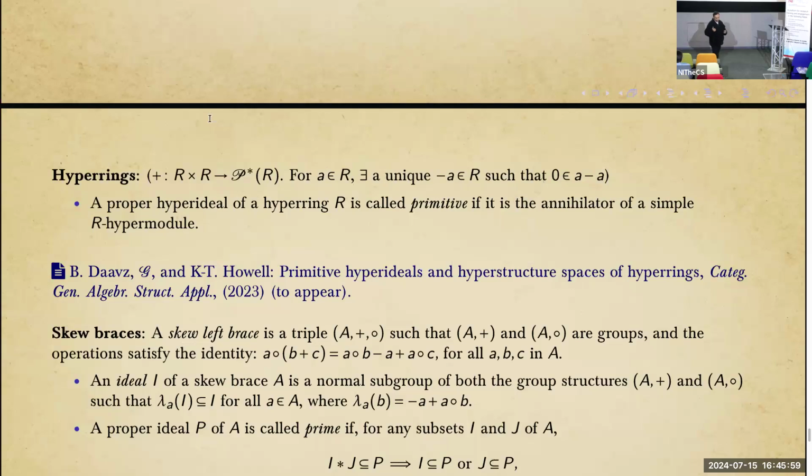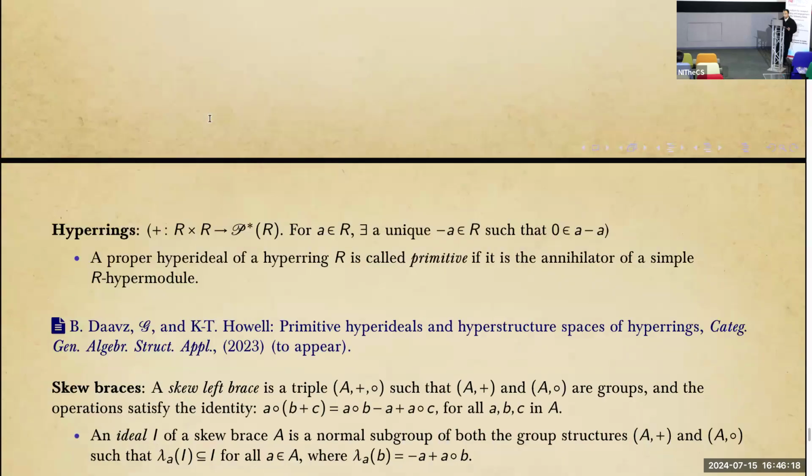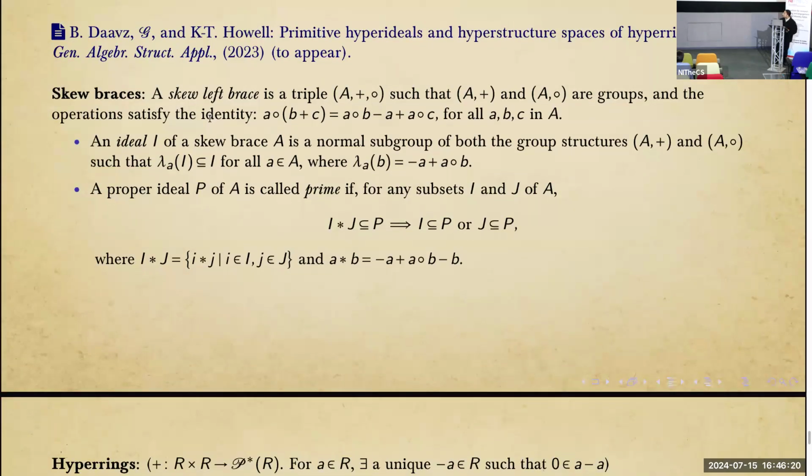So when I contacted one of the authors, Benjamin, he said this structure is still very new and it should come up with new ideas. Then I contacted Themba, and Themba and I actually came up with new operations for that. And this is the star.